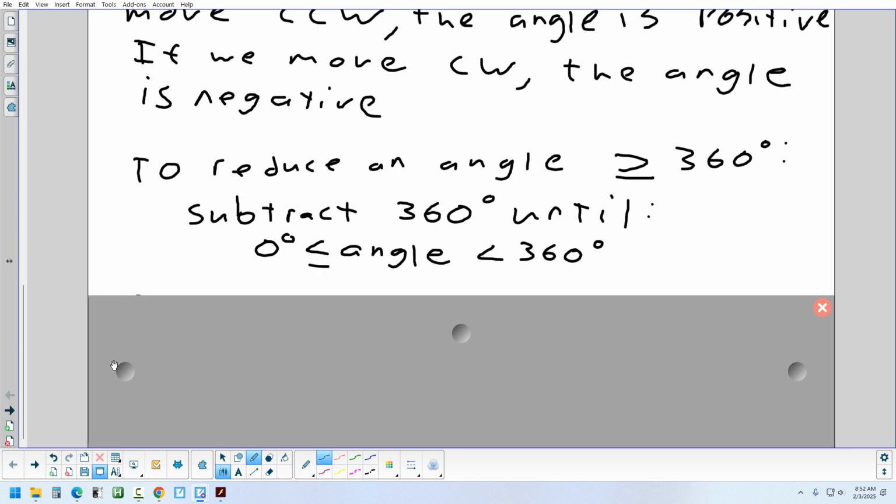If you have an angle that is bigger than 360, you're going to subtract 360 as many times as you need to until you get it small enough. You don't want to subtract 360 too many times, because what would happen if you subtract 360 too many times? What kind of angle would you end up with?